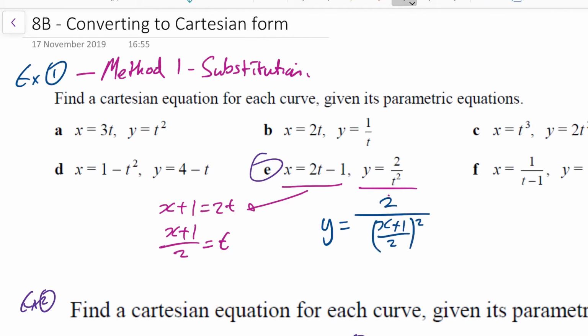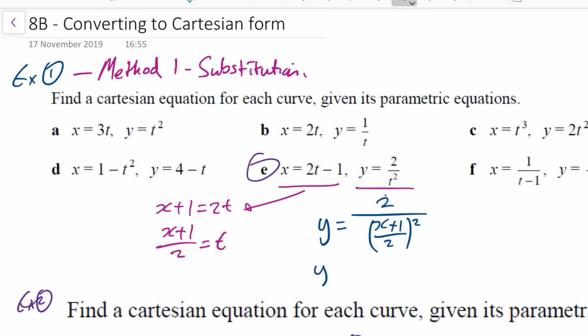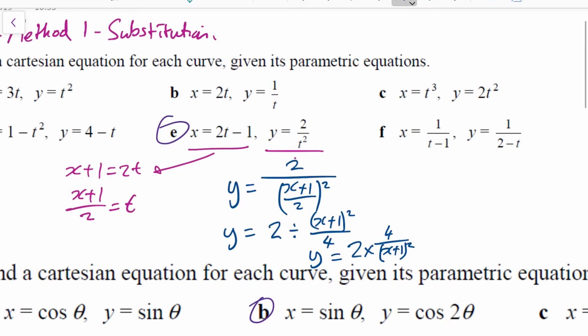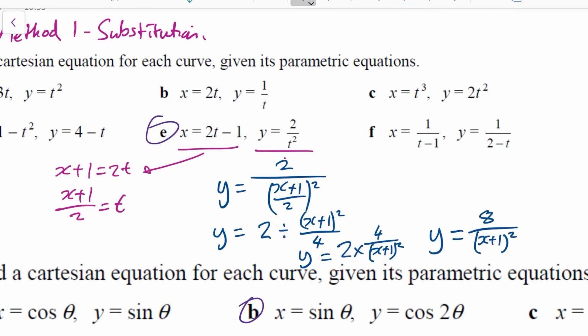Now, having a look at this here, we've got a kind of fraction within a fraction. So what we're going to do is just sort of tidy this up a little bit. And this is our final answer, which only contains x and y, does not contain t, and therefore this is our Cartesian equation.